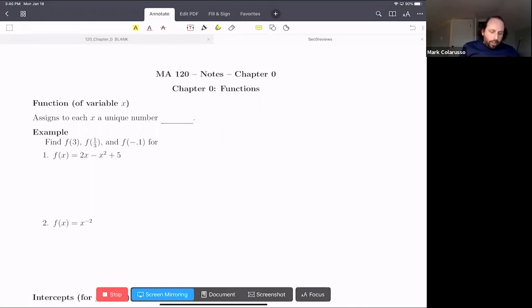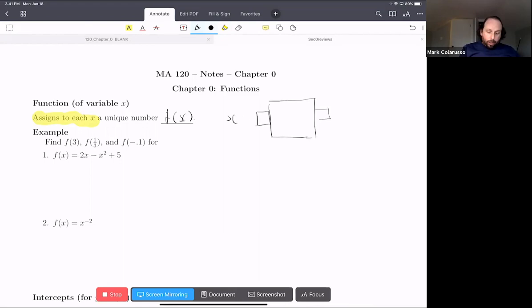Okay, so just remember what a function is. A function is like a rule, right? It assigns to each number x a unique number, which we denote by the function at x, or f of x. The way I think of a function, I often draw this diagram of a machine, which is like this silly box.